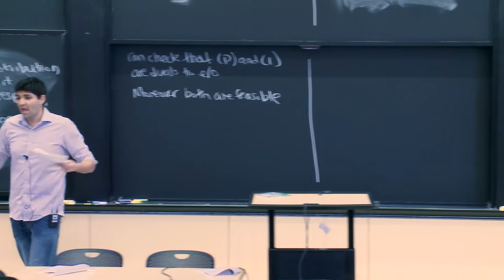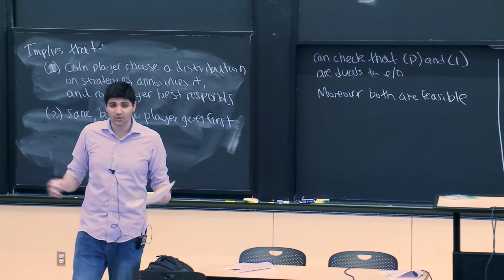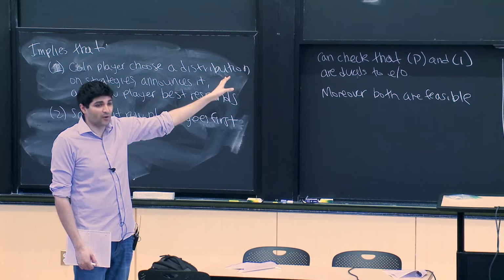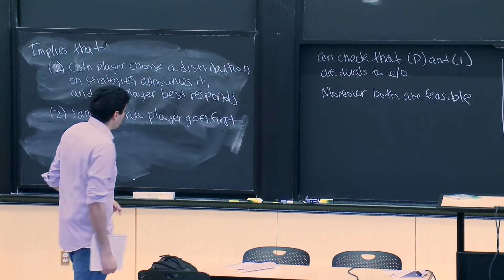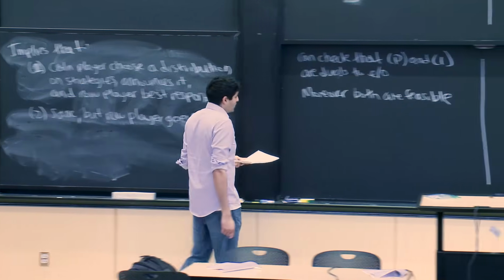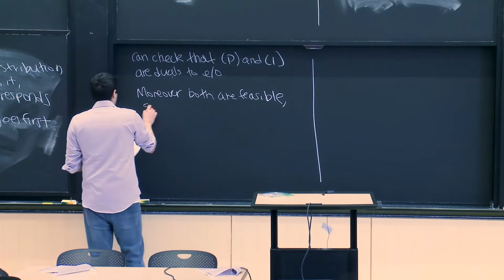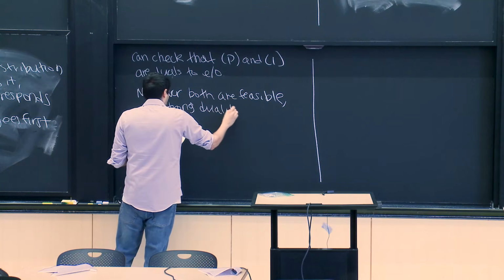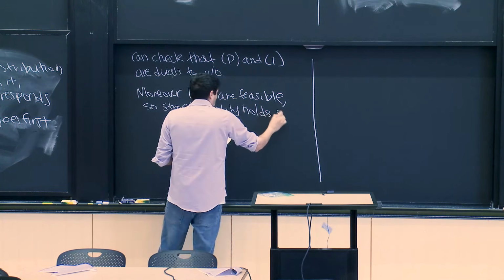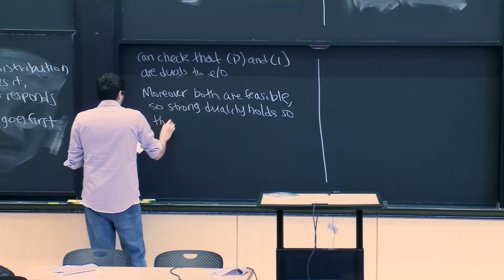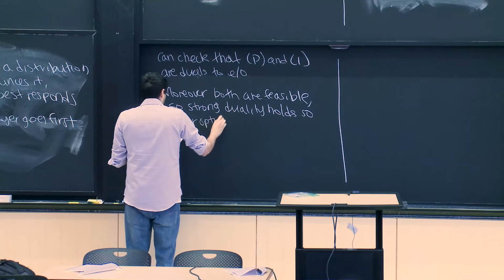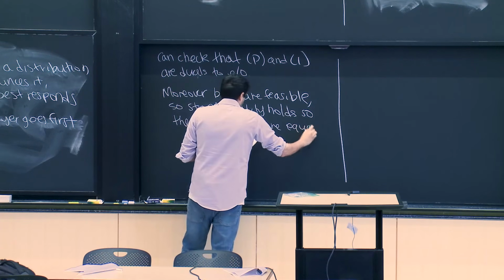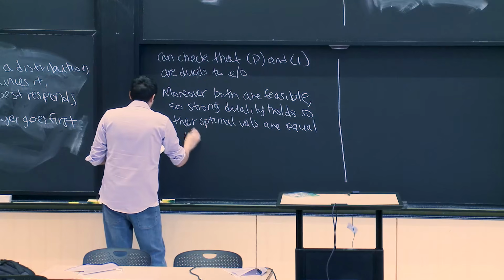Because I can just choose any x that's a distribution, any y that's a distribution. That'll give some finite value for lambda in both of these two scenarios. So feasibility is not a problem. And once you have that both are feasible, you know that strong duality holds. So we know that their optimal values are equal. So this gives us von Neumann's min-max theorem.